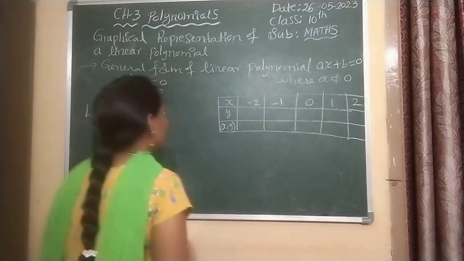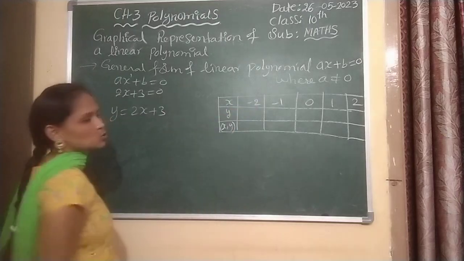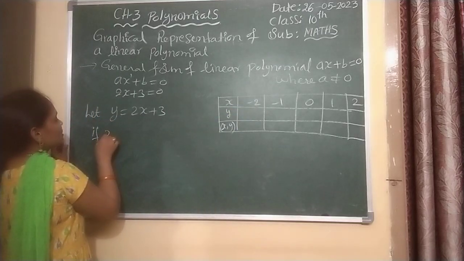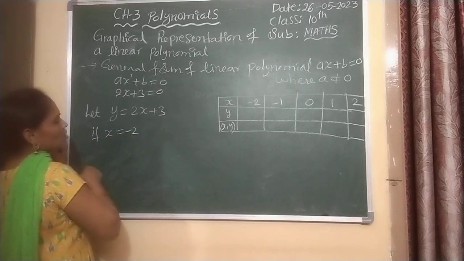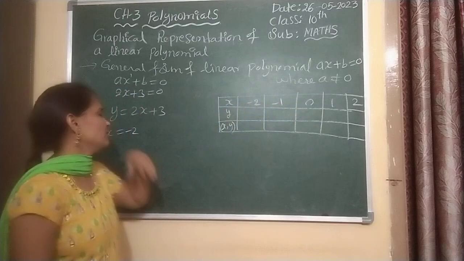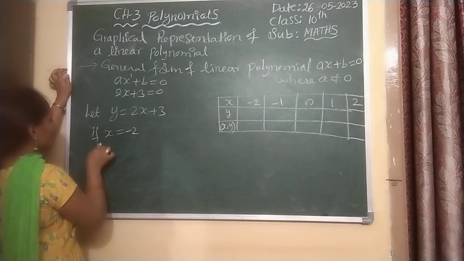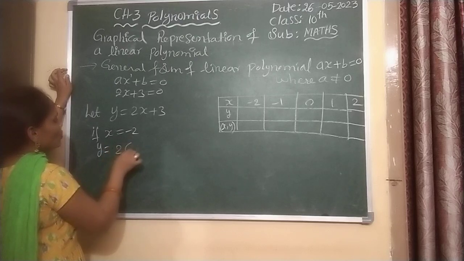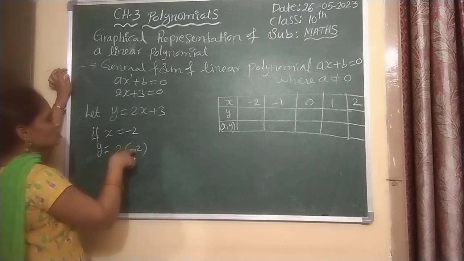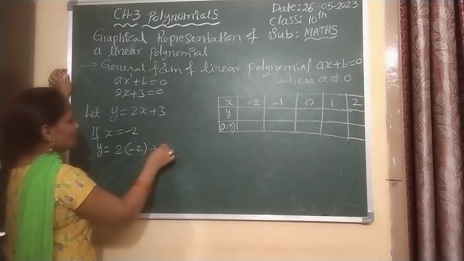Now let us find the value of y by substituting the x values. First, if x is equal to -2, then what y value will you get? In place of x I am substituting -2, because we took -2.